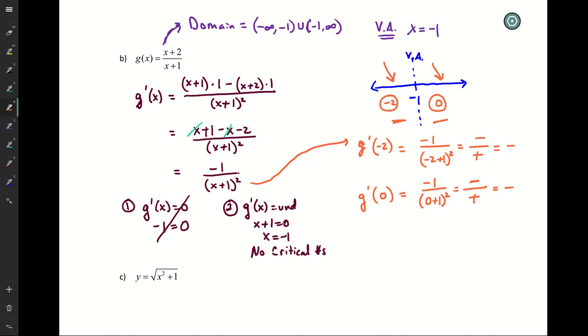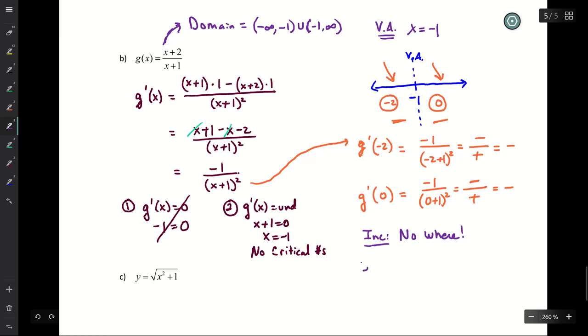We're not decreasing over all real numbers because there's a number left out of the domain, that -1, but we are decreasing over our entire domain. So what we'll say here is we are increasing nowhere. And that's fine as far as an answer because we're asked where are we increasing, decreasing.